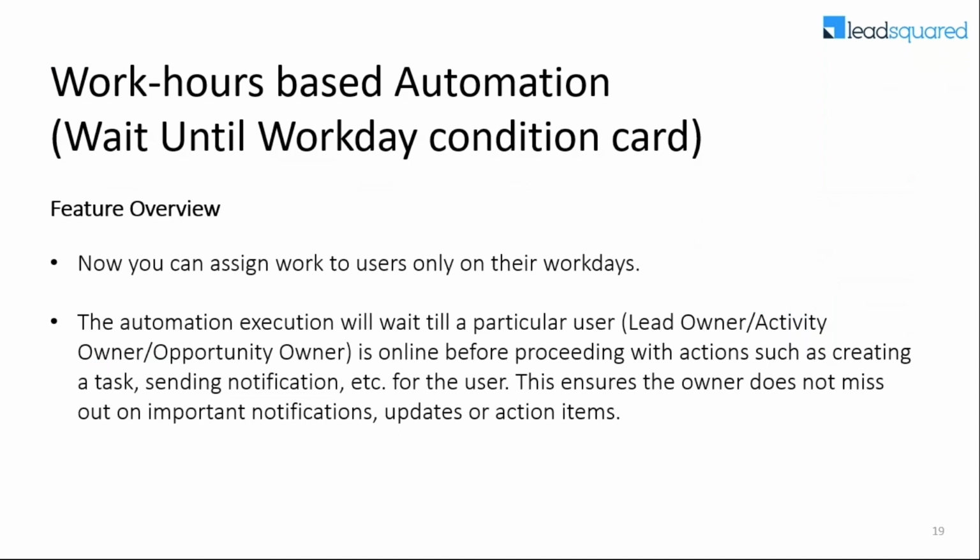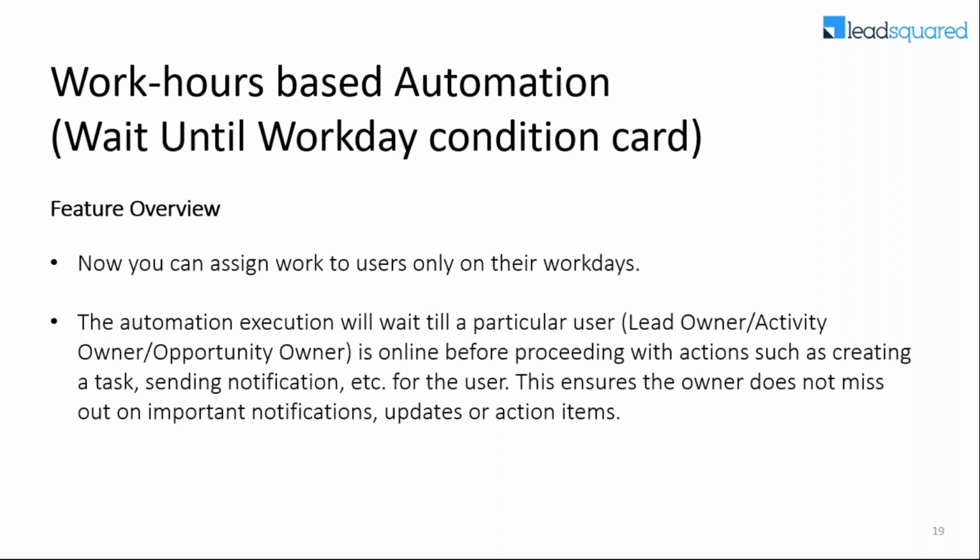The next feature that I would like to talk about is the work hours based automation. So this feature was actually requested by a lot of our US customers, and they were interested in the wait until workday condition card. So you can assign work to users only on their work days using this particular condition card.